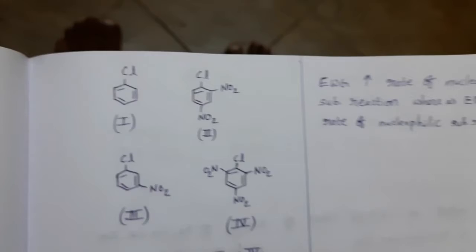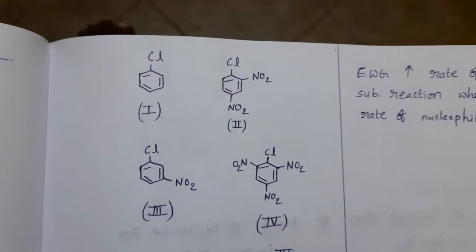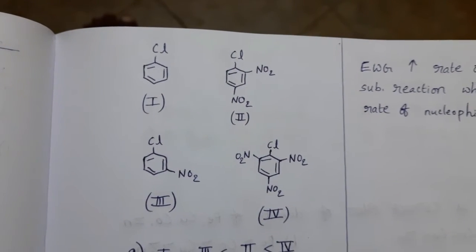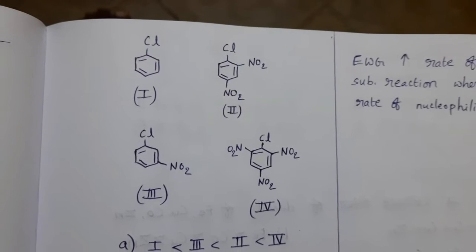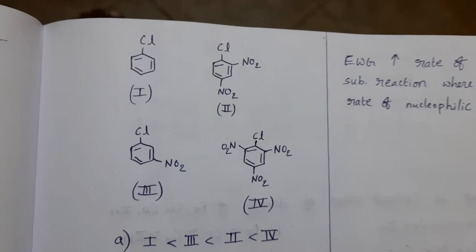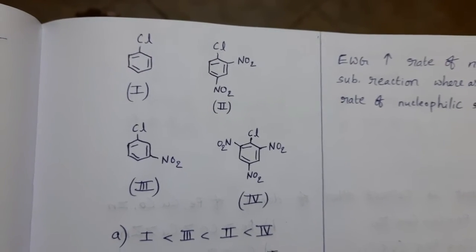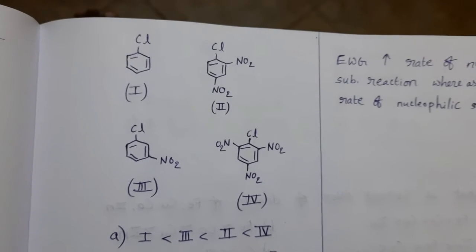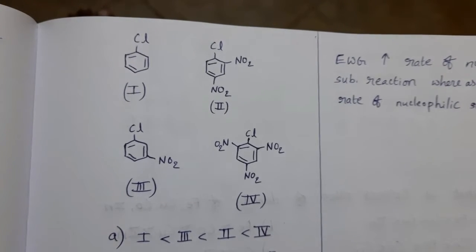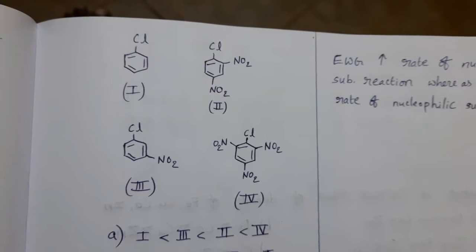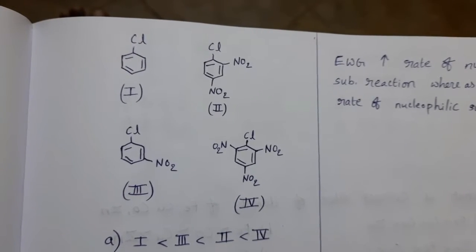Okay students, now in these 4 compounds only electron withdrawing groups are there. NO2 is present. It is an electron withdrawing group, so it withdraws the electrons from the attached benzene ring, then nucleophilic substitution rate increases.